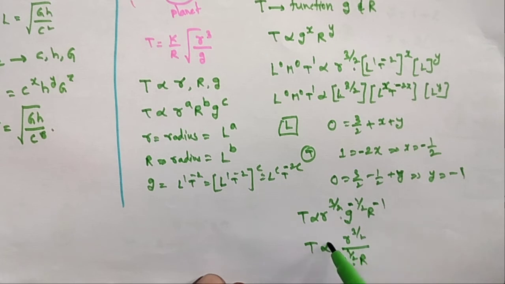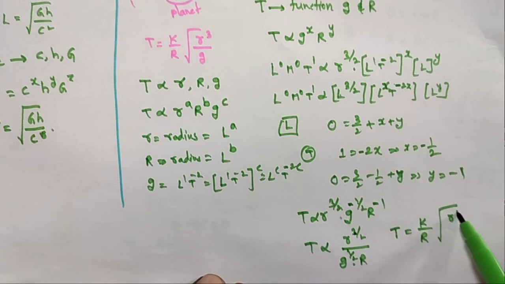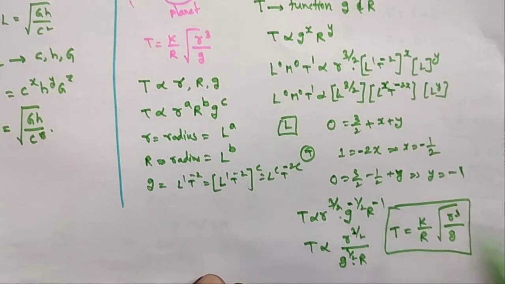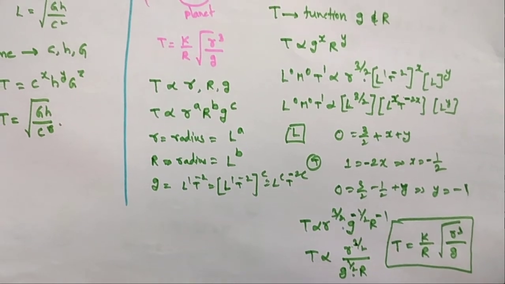The proportionality will be removed, so with r power minus 1, T is equal to one constant k by r, r power 3 by 2, g power 1 by 2. I will write 3 by 2 as root r cube by g. So this is the final equation of the time period. Okay, the final equation of the time period.